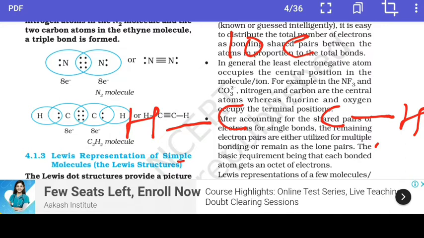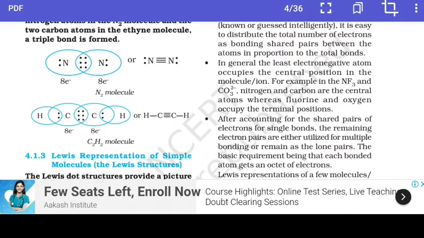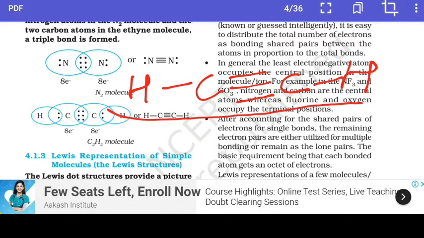Total 4 electrons are used, and we have 6 electrons more. 6 electrons can form 3 bonds, so there is a triple bond between the 2 carbons. So this is the structure of the C2H2 molecule: H, C, triple bond, C and H. This is the Lewis structure of C2H2.